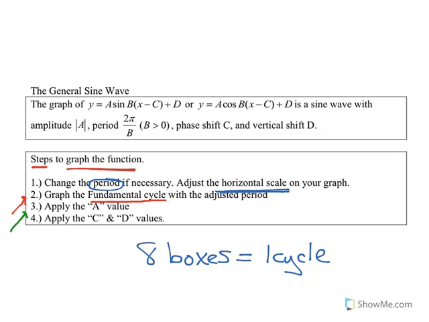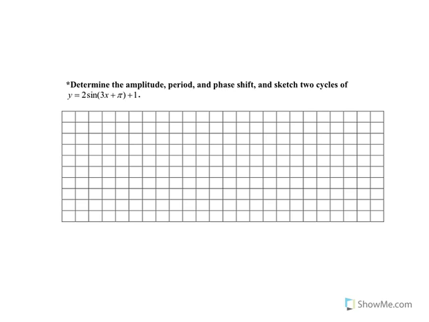So if it's got an amplitude change, you can do that. If it's negative, you're going to flip your graph upside down. And then the final step, you can do your shifting. Your C value would be shifting left and right, and your D value would be going up or down.